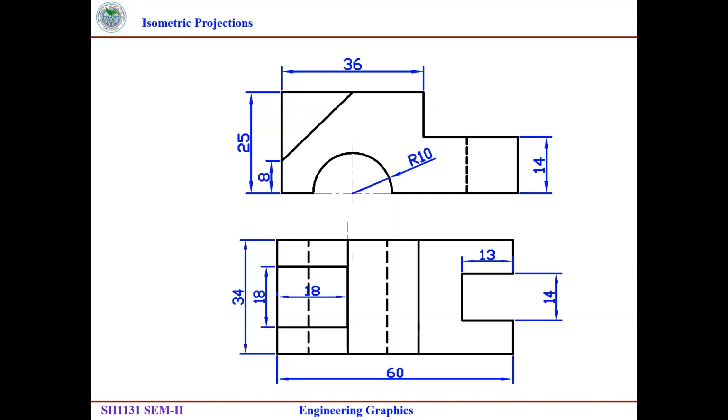So you can see here how the procedure works. You have to calculate the maximum length, width, and height first. This one is the front view, and this one is the top view. The maximum length you will get is 60 mm. The maximum height you will get is 25 mm, because height is usually obtained from the front view, and width from the top view, which gives 34 width.